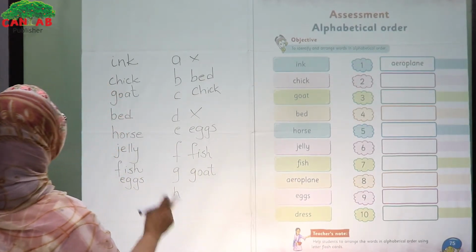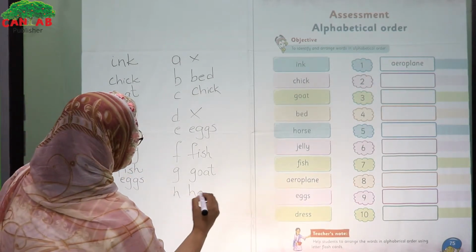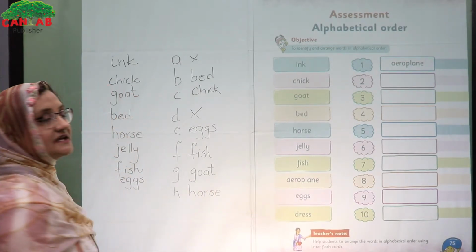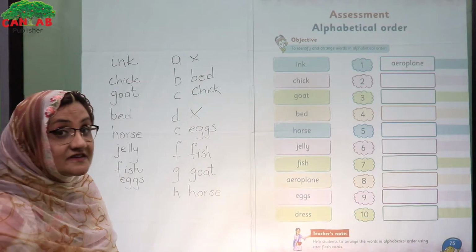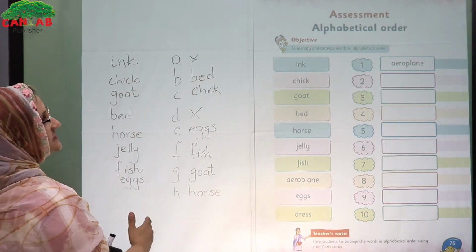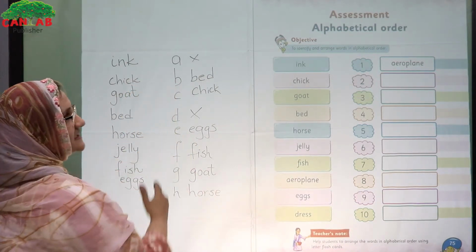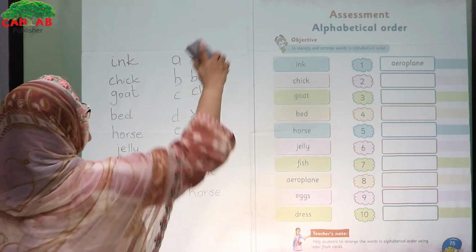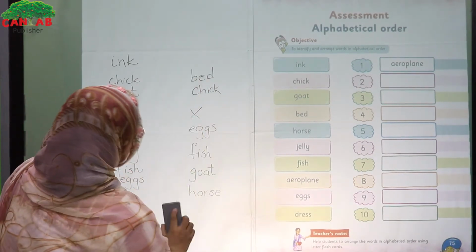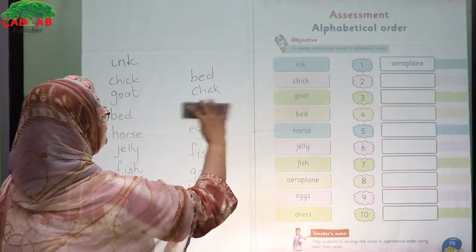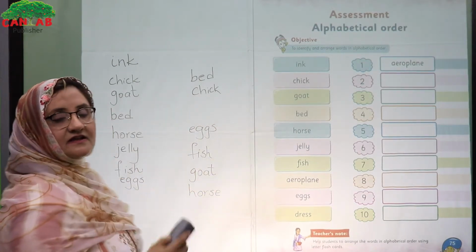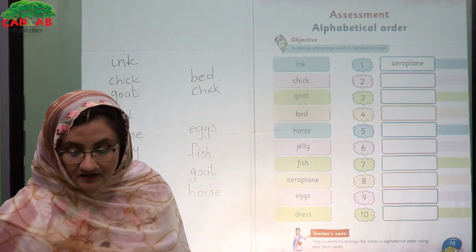And what about H? Yes, this is horse. It means that we have written these words according to alphabetical order. Now we can erase this, and now the words are in alphabetical order.